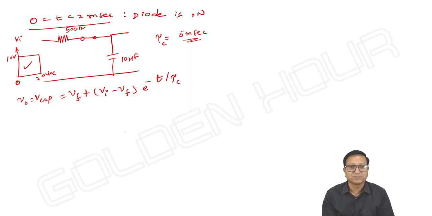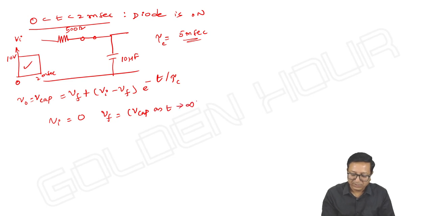Capacitor is charging. So what is V initial? 0 initial conditions, and V final, if you allow the capacitor to charge completely, V capacitor as t tends to infinity, its value is equal to 10 volts. Time constant is anyway 5 milliseconds.